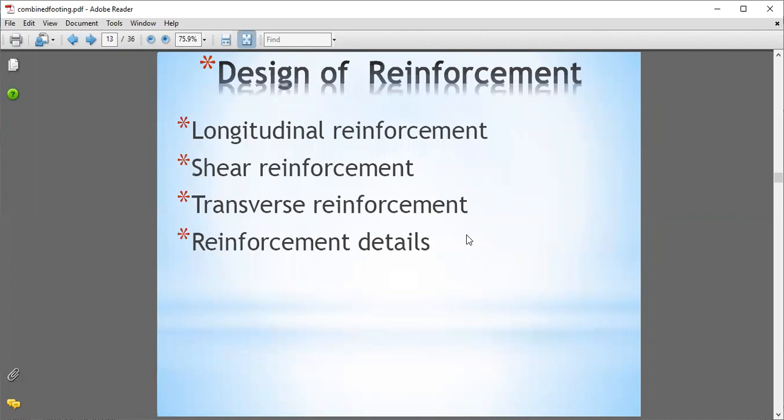नेक्स्ट वन बघा या ठिकाणी आपल्याला डेप्थ साठी चेक केलं, आपण स्ट्रक्चरल अनालिसिस केलं, साइज ऑफ फुटिंग. If all these parameters are completed, after that we go for the reinforcement, for calculating the AST, which is for the longitudinal reinforcement, shear reinforcement, and the transverse reinforcement that we have to calculate over here.